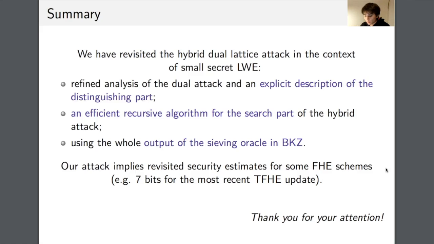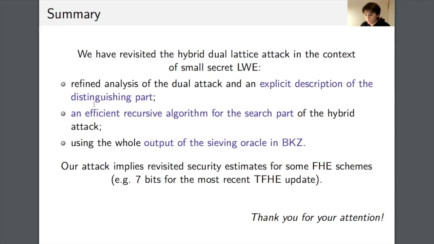To sum up, let's restate the key points of our hybrid dual attack and stress what's new compared to already existing dual attacks. First, in this work we have revisited and refined the analysis of the dual distinguishing attack with lazy modulo switching, which in particular includes describing an explicit algorithm for distinguishing the uniform and modular Gaussian distribution.